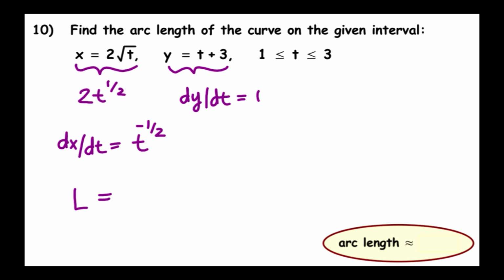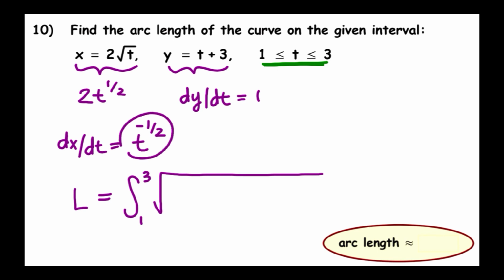The length is going to be the integral from 1 to 3. These limits of integration should never be mysterious. We have to tell you where we want you to stop and end. Otherwise, you don't know what the length is going to be. There's no way to solve it. Big square root, and you just take these items and put them in. So we're going to take t to the negative half, we're going to square it, and we're going to take this 1.